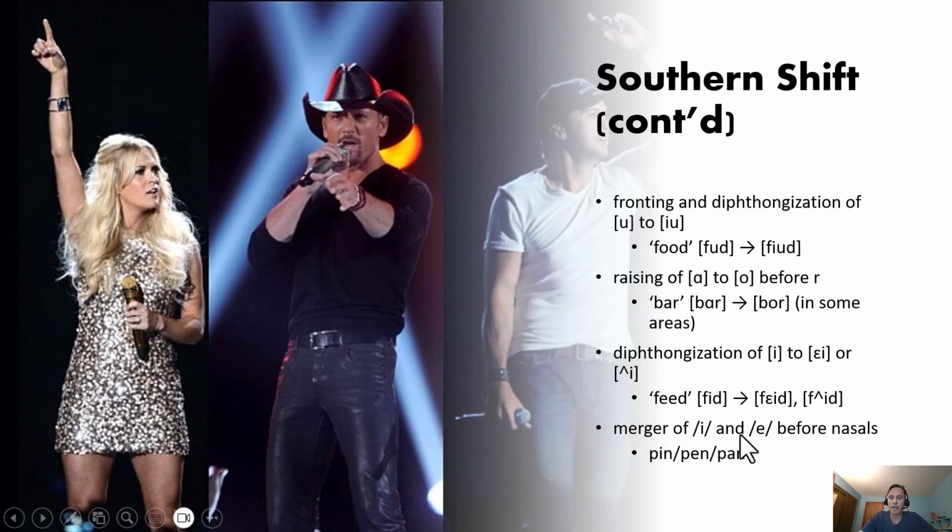Merger of "I" and "E" before nasals. We've talked about this, that in the South and in the upland South into parts of the Midwest, you get the merger of the pin, pen, and pan sounds. It's just "pan, pan, pan", which is why people say, can you give me an ink pen? So that you know you're not talking about a frying pan.